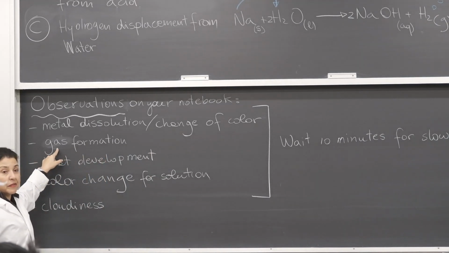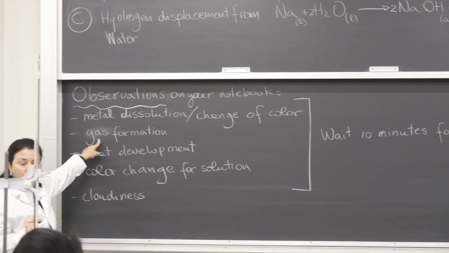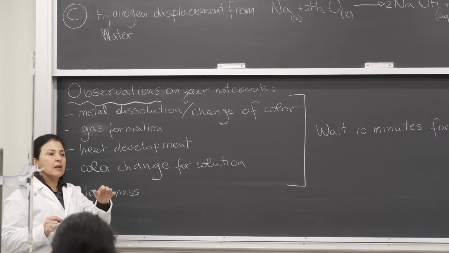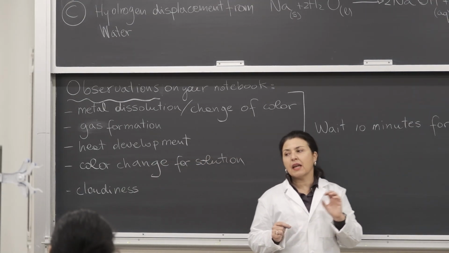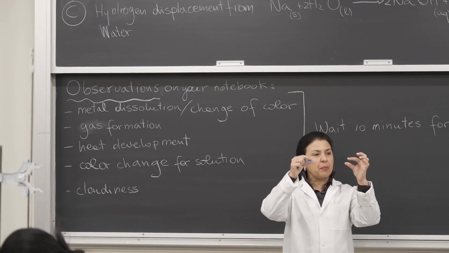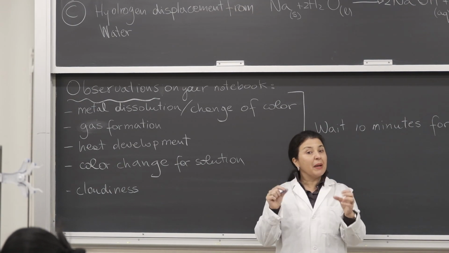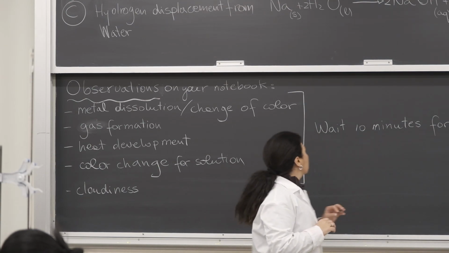Do we observe gas formation? Let's make sure that we don't confuse gas formation with oxygen that is dissolved in water. Sometimes students see some bubbles on the strip of metal, but that's air. Those are air bubbles, okay?